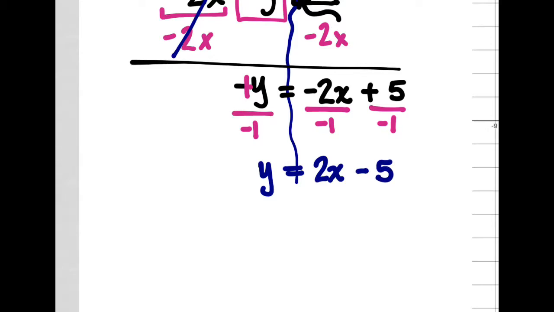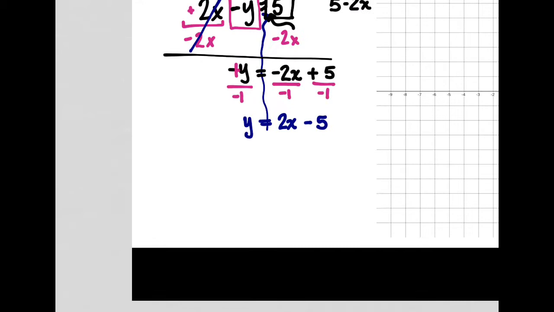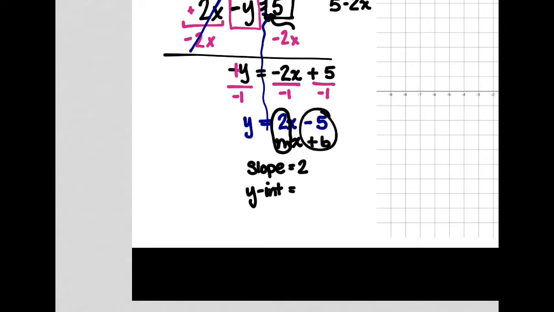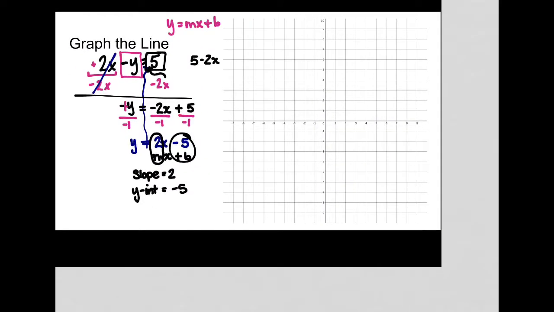Now, remember, with this you can see mx plus b. So the slope is 2, it's the m, and the y-intercept is negative 5, it's the b. So how do we plot? Well, we plot first the y-intercept.